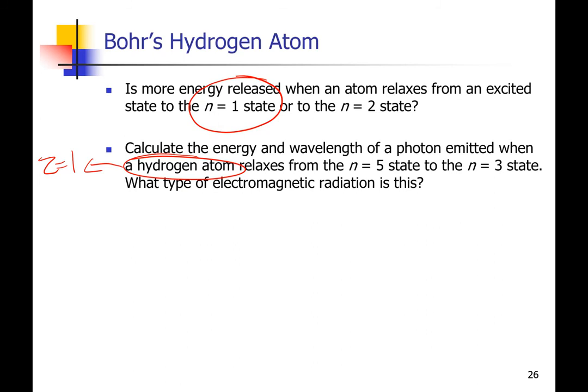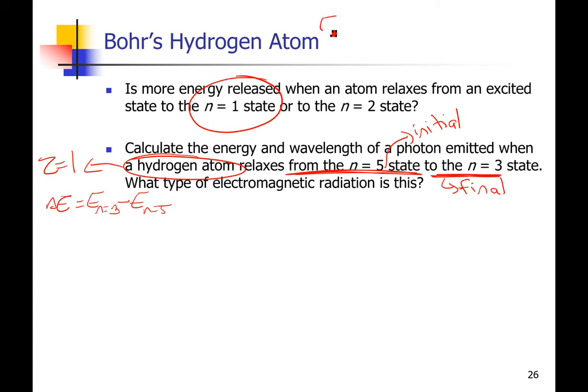So if we go back to this question, we're going from the n equals 5, so that is our initial orbital, to the n equals 3, so that is our final orbital. And so our delta E, therefore, is going to be equal to the energy of the n equals 3 minus the energy of the n equals 5.